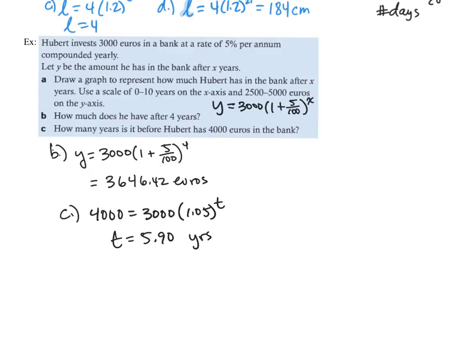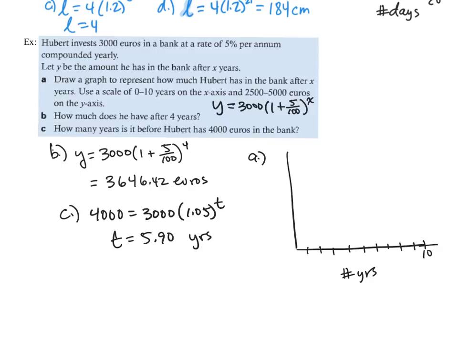Let's go back and do part A. So in part A, our independent axis will be our number of years, and we need those number of years to go from 0 to 10. So 1, 2, 3, 4, 5, 6, 7, 8, 9, 10. So this is number of years.